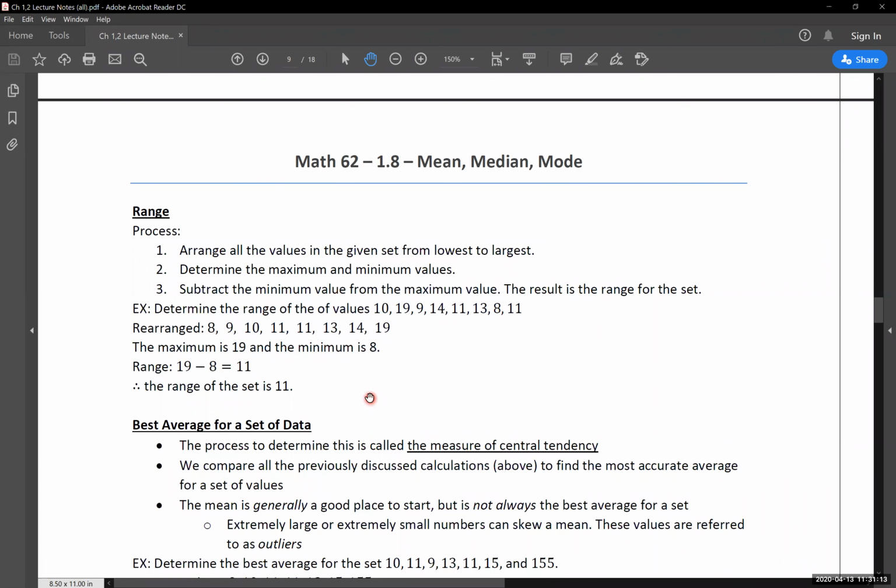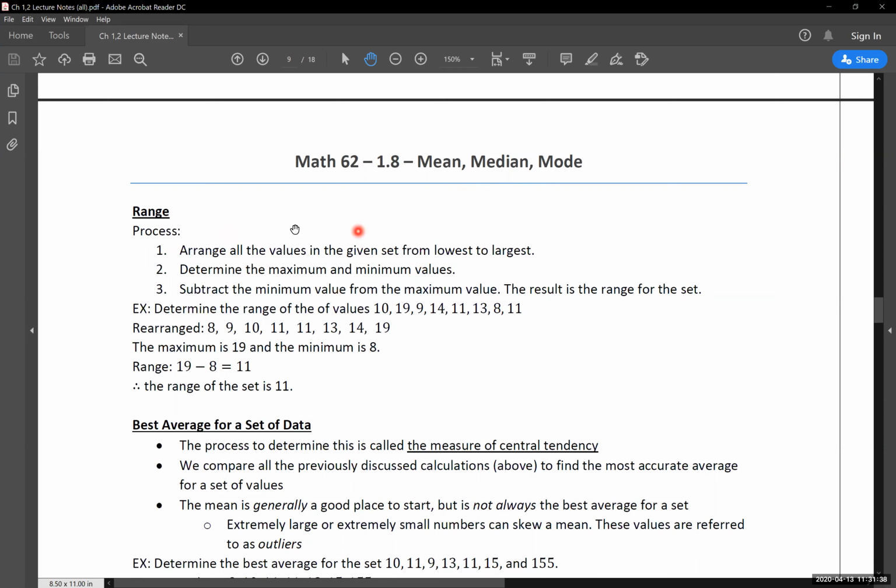There's a fair amount of these problems that show up where they might be giving you a single set of data, but they'll say determine the mean, median, range, mode, maximum. They might ask you to solve for everything at once, or go through and solve for all of these different things with a problem, which is fine. But again, I'm going to recommend if the median is showing up in there, just rearrange everything at the very beginning.